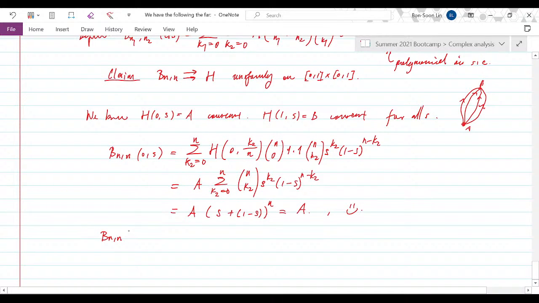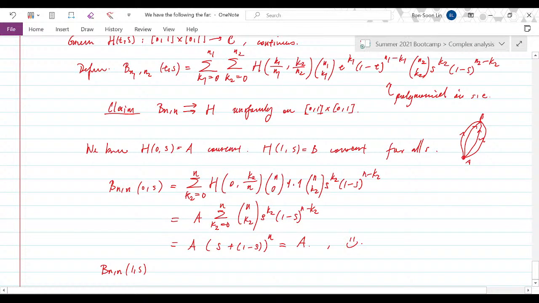What about B_{n,n}(1,s)? It's the same story. When t is 1, if n1 minus k1 is not 0, they're all going to be 0. So the only term left is if k1 is equal to n1. Then we get k2 going from 0 to n of H(1, k2/n), n choose n, which is 1, times 1, times n choose k2, same story, s to the k2, (1 minus s) to the n minus k2.